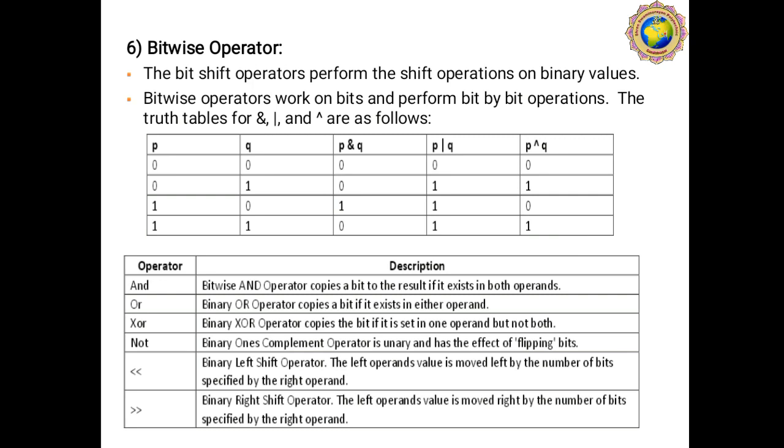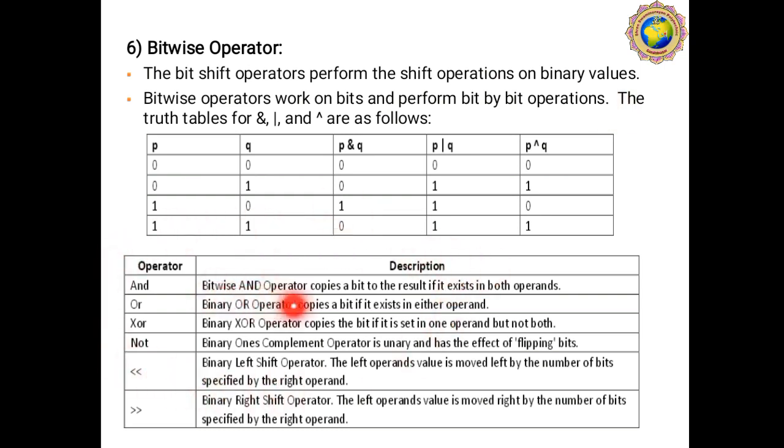And for any one condition, like the first 1 and 0, the answer is 1. This is nothing but based on the binary digits of the value for the shift operator.